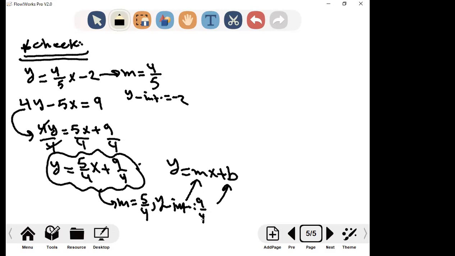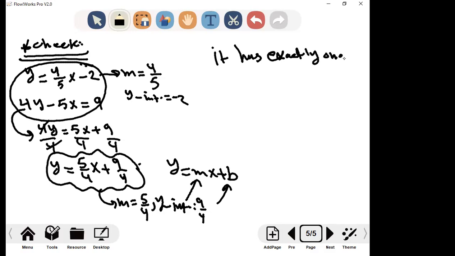So this system is consistent, it has exactly one solution, which means consistent, and what? Independent.